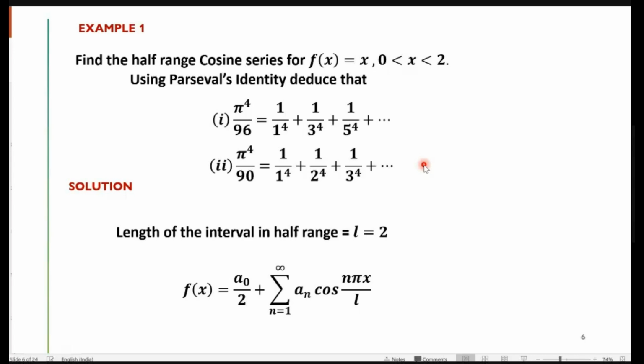So calculate A0. A0 का फॉर्मूला होता है फॉर एन इवन फंक्शन 2/L integral 0 to L fx dx. F of x is given as x and L is equal to 2 here. So 2/2, that will become 1, integral 0 to 1, f of x is x dx.